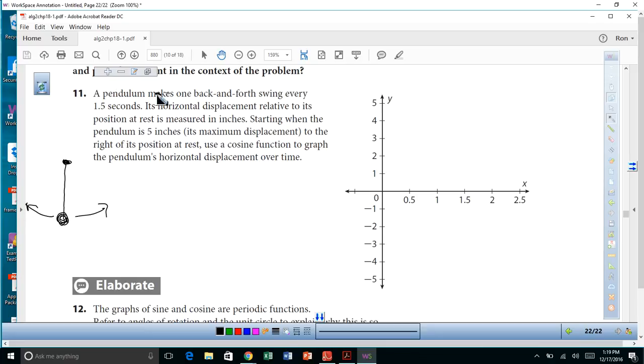So its frequency, how often it does it, will be 1 over 1.5, which is approximately 0.67 hertz.